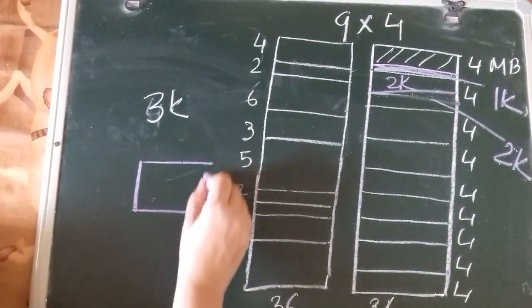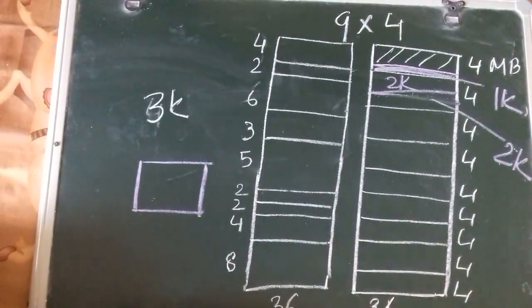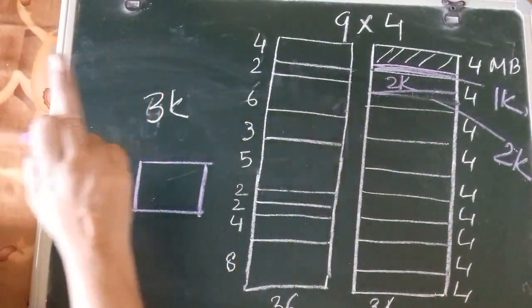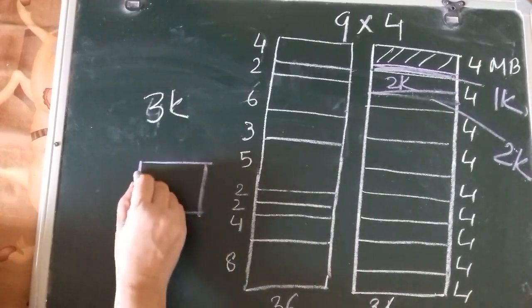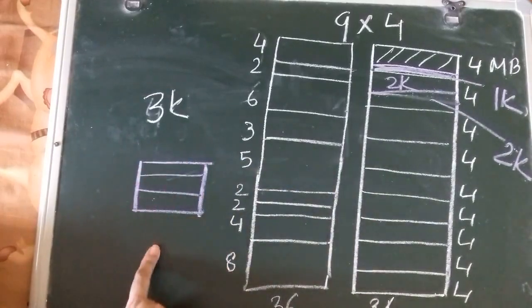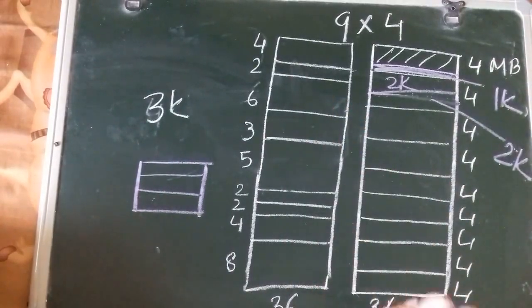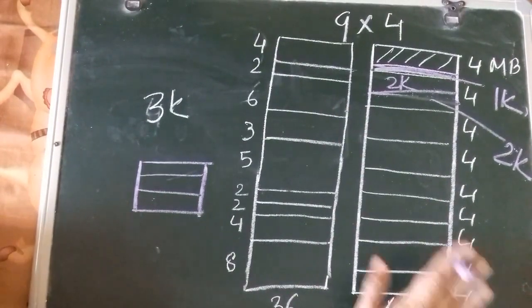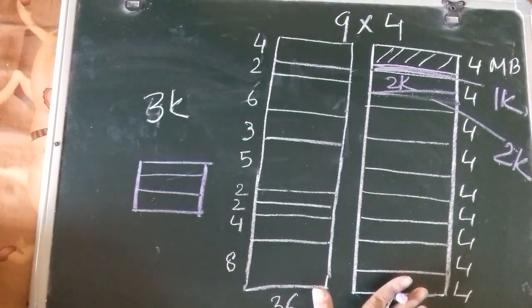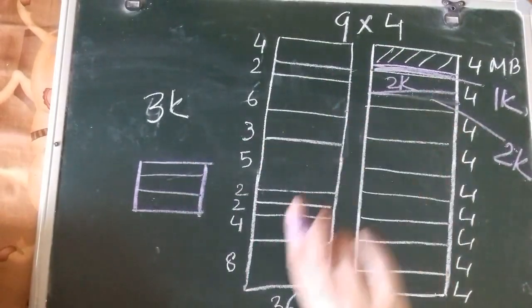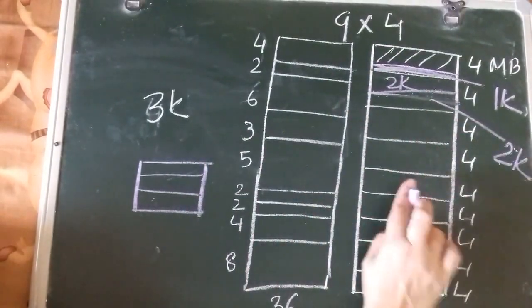Before I tell you about internal fragmentation, I should mention one more thing. According to this fixed size, if the total process size is 3K, all 3K should be allocated continuously in a free memory block. Memory blocks are already divided into parts, so the whole program should be kept in one block.